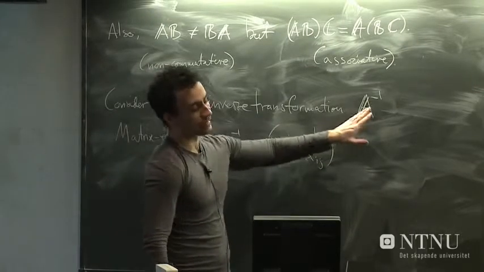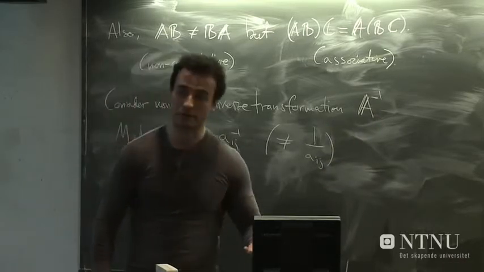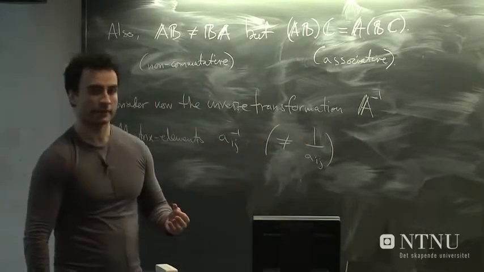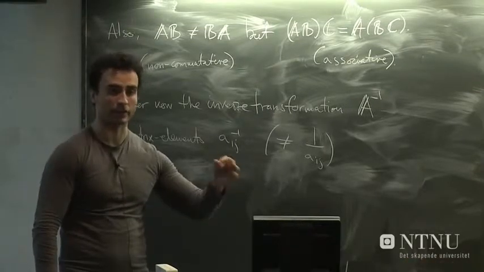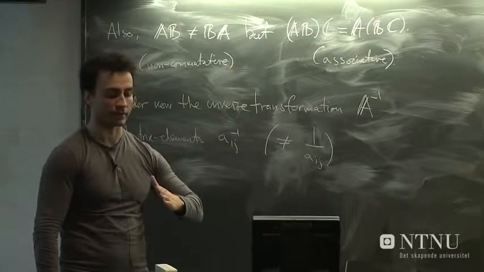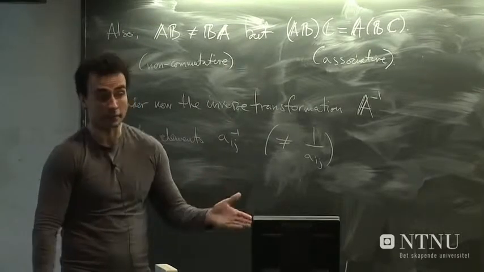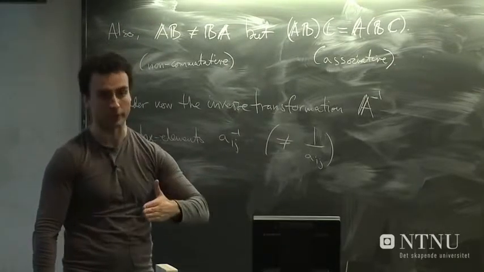So A inverse, the inverse matrix transformation, we know in advance that it should physically take us back to the original state. If A transforms the vector r to some new vector, then the inverse transformation should take us back to the original vector.